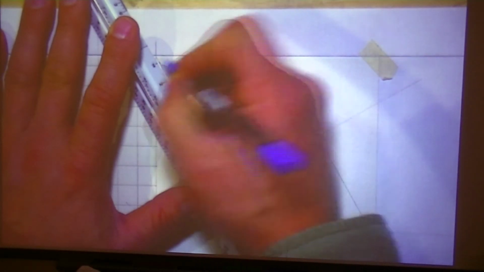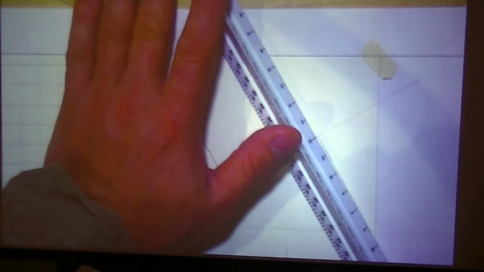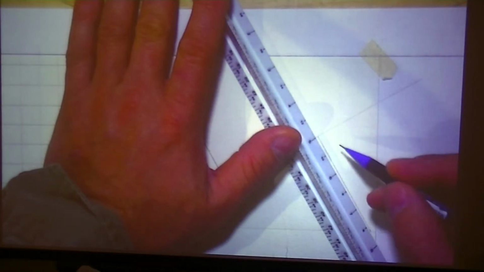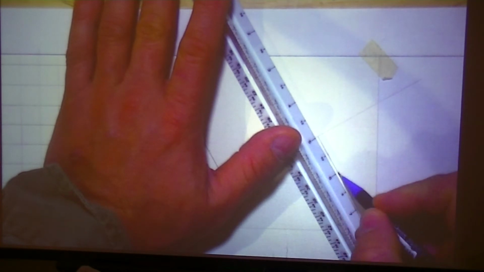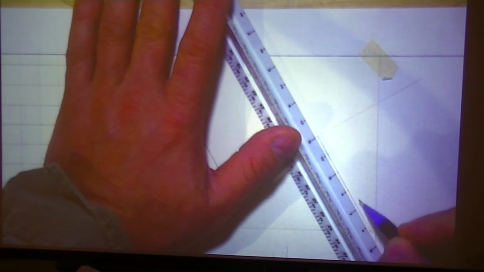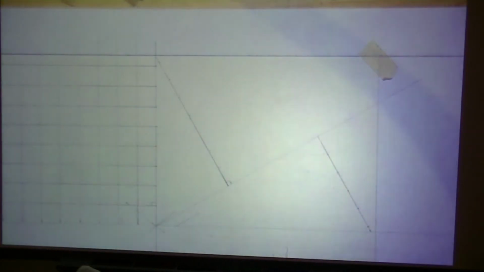So every half of an inch up. Then, from that first line that I created, every half of an inch down. And that's going to ensure that it fills in the complete quadrant. Alright, so once that's set, I'll zoom out here a little bit.